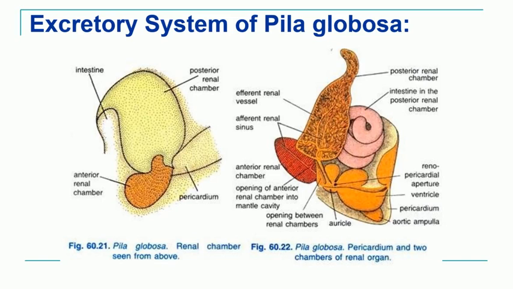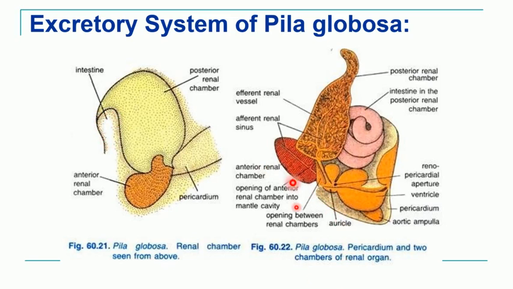In this diagram, in the first picture you can see the actual positions of the renal chambers seen from above. This large structure is the posterior renal chamber and this small structure is the anterior renal chamber. Here you can see the pericardium, which is the outer sac-like structure of the heart, and on one side of the posterior renal chamber you can see the position of the intestine.